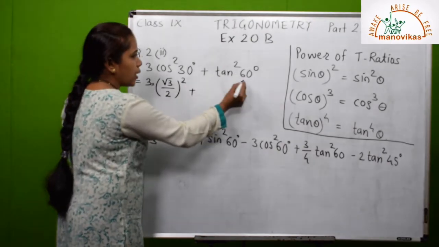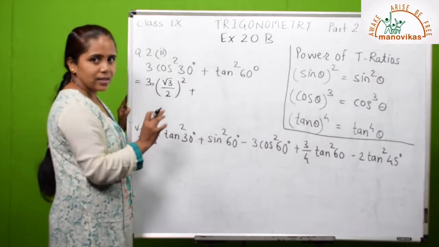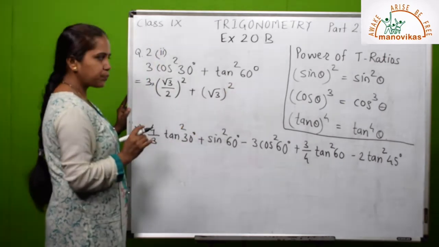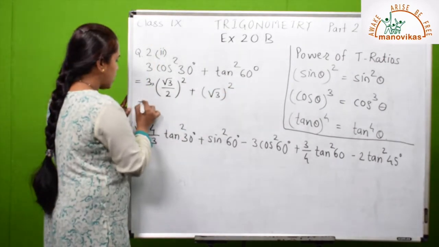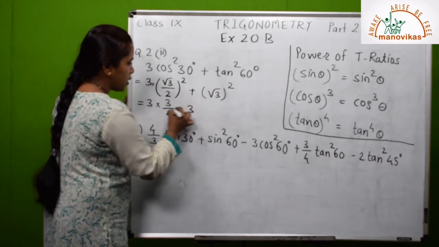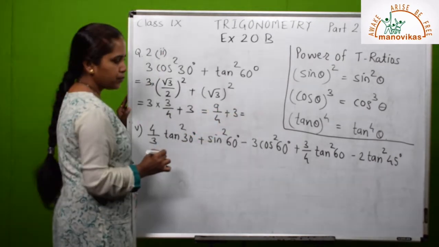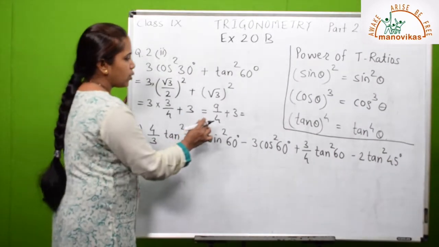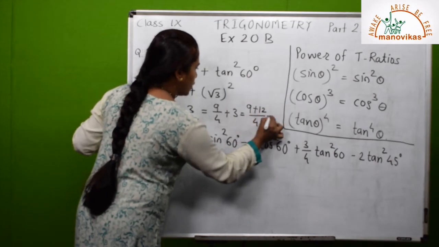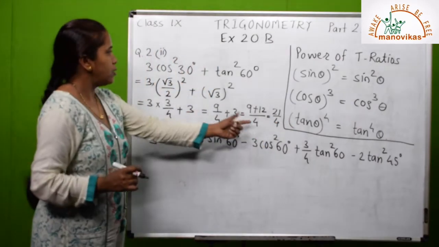Plus tan square 60 degree means tan 60 square. And what is the tan 60 value? That is root 3. So root 3 square. Now simplify this. So 3 into 3 by 4 plus root 3 square is 3, which is equal to 9 by 4 plus 3. After simplification you get 9 plus 12 upon 4, that is 21 by 4. This is the answer for this sum.